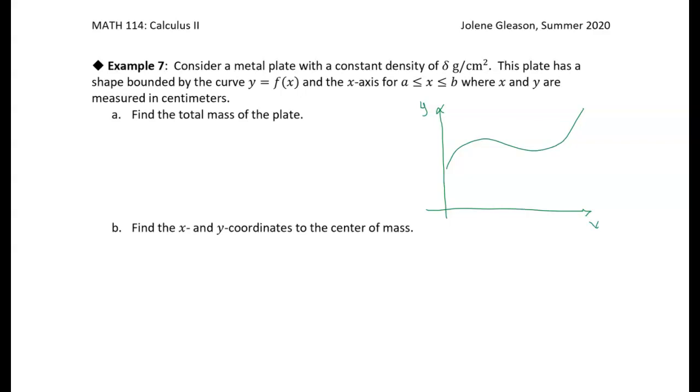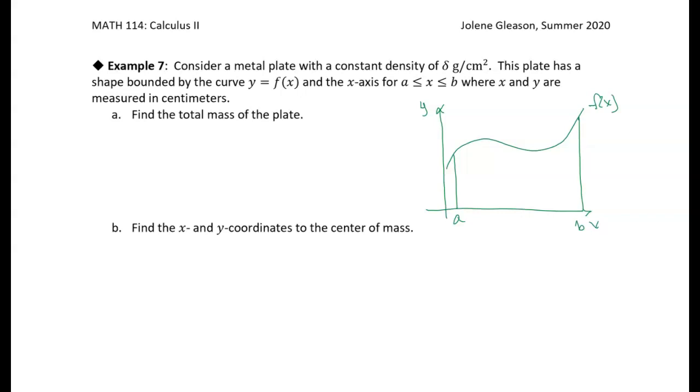This is our f of x, and we want to look at the region that's bounded by a and b. So I'm just going to put this here. There's b, and we want to find first of all the total mass here.